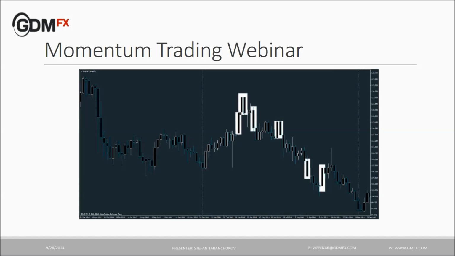Shadows, again, are these lines coming out of the candle. So as we can see right here, these lines are almost missing. They're quite small or equal to 0.